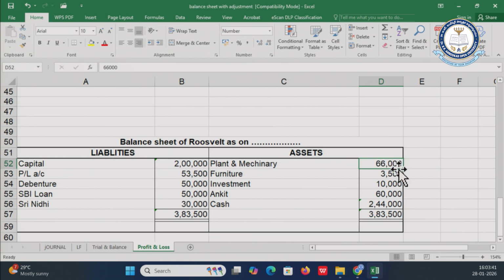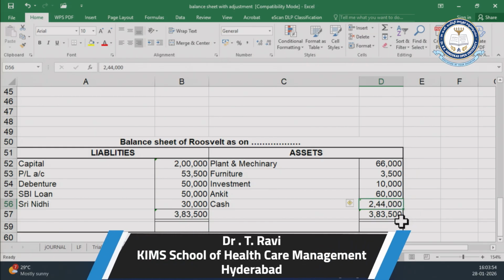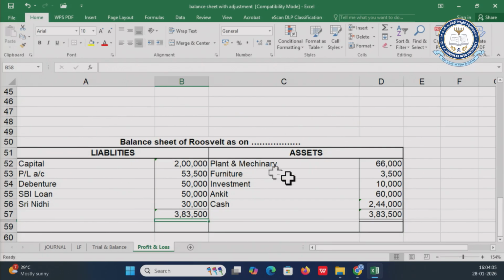Plant and machinery of 66,000, furniture of 3,500, investment of 10,000, Ankit 60,000, and cash of 2,44,000. The total comes to 3,83,500 on both sides. The balance sheet is tallied. If the balance sheet is not tallied, you have done something wrong. In our case, the balance sheet is tallied, and this is the balance sheet.